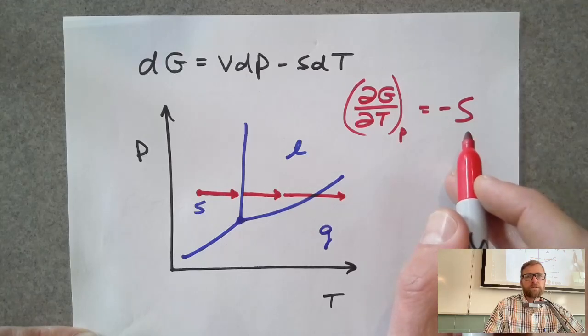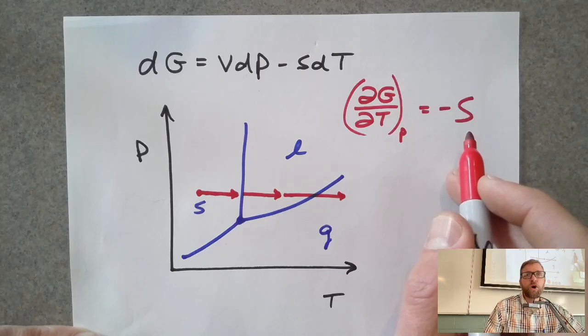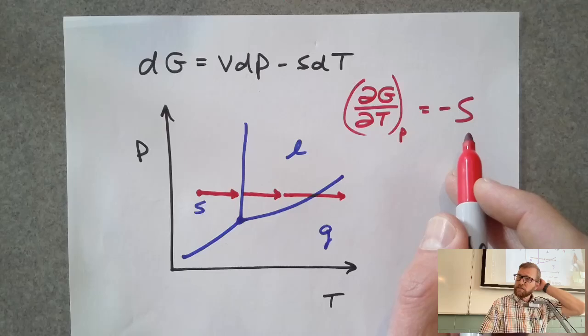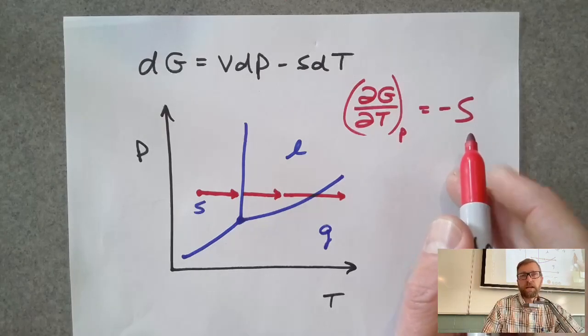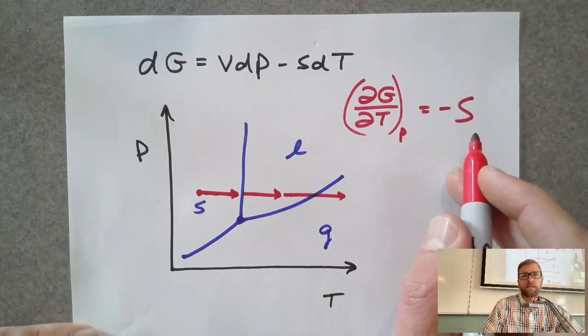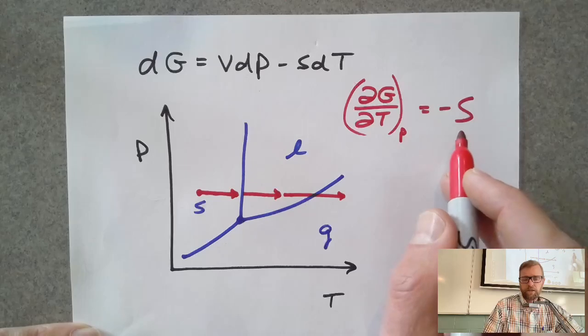Is entropy ever negative? No, it's never negative. Entropy is never negative because the entropy of a pure crystalline substance at absolute 0 is 0. You can't get less than that, right? So entropy is inherently a positive quantity.